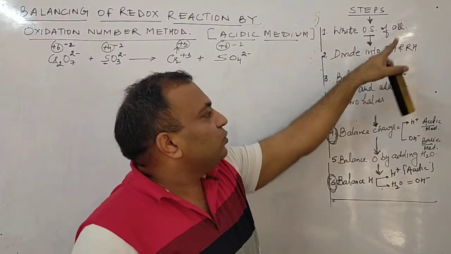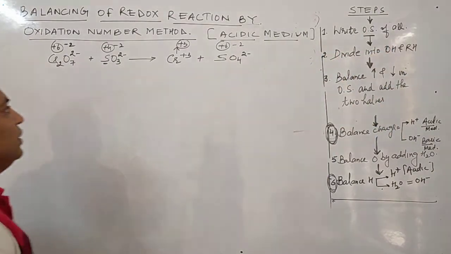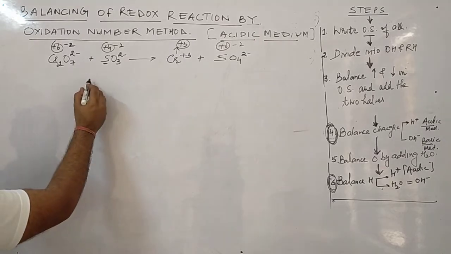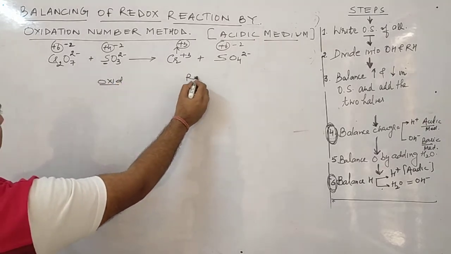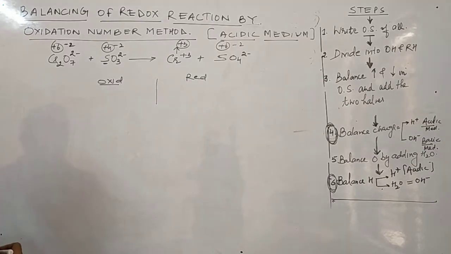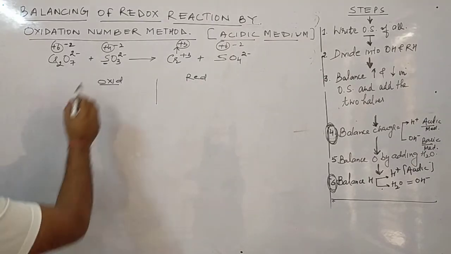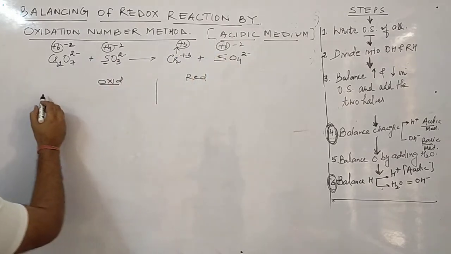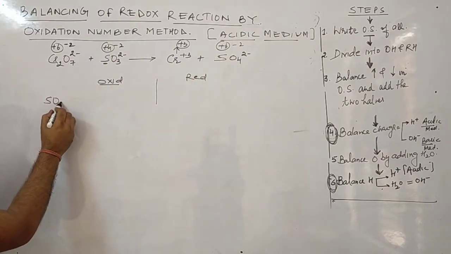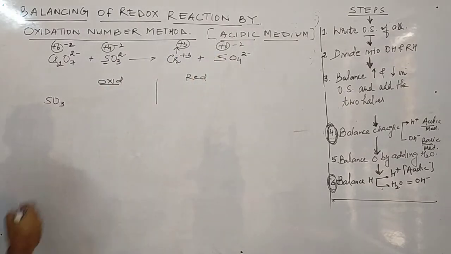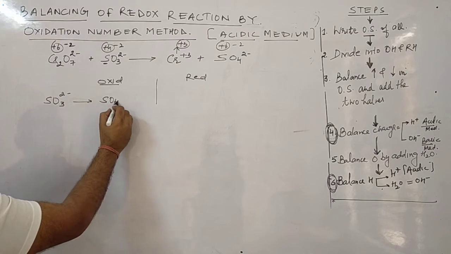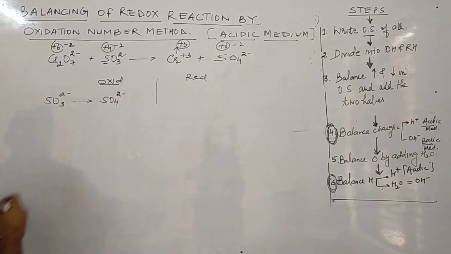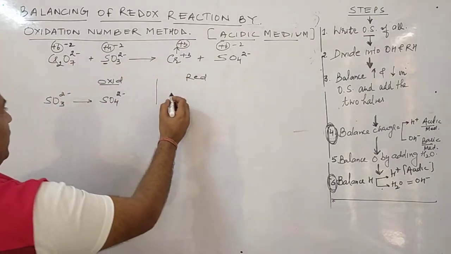Now we have to divide into two parts, oxidation and reduction. So simply I write oxidation and here I write reduction. Oxidation means state increase. +4 से +6. So I will write SO3 2 negative to SO4 2 negative, और decrease, +6 से +3.